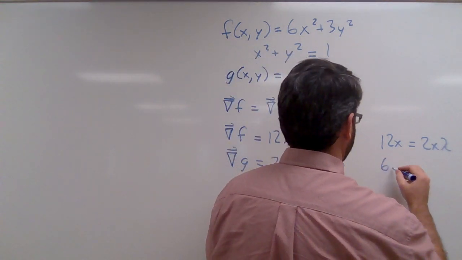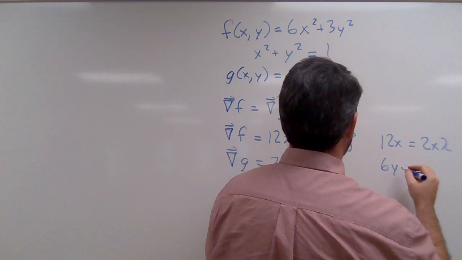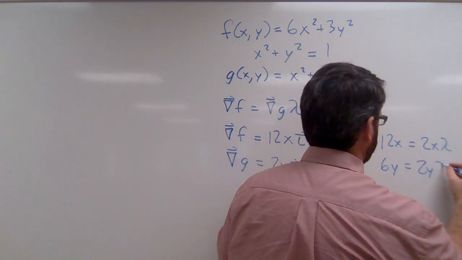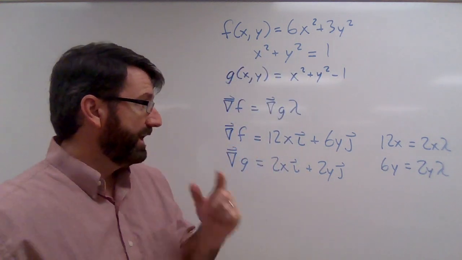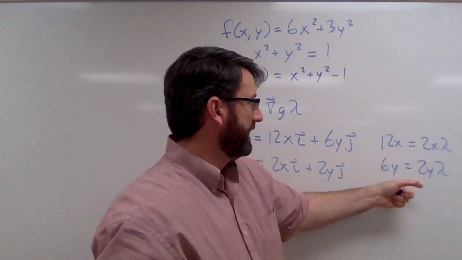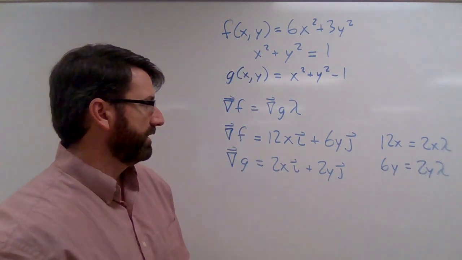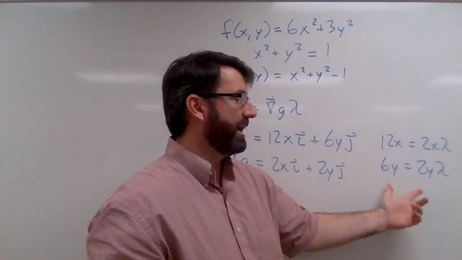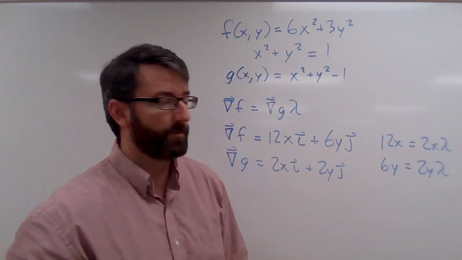So 6y has got to be equal to 2y times lambda. Now notice that there's no lambda that we can plug in here that's going to work for both x and y unless either x is 0 or y is 0.